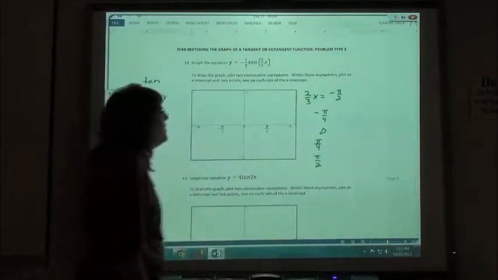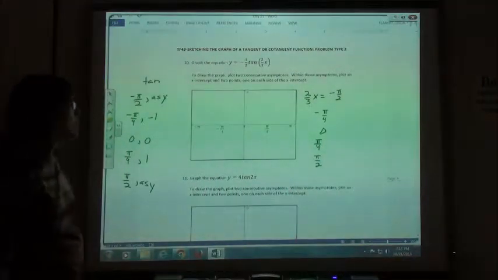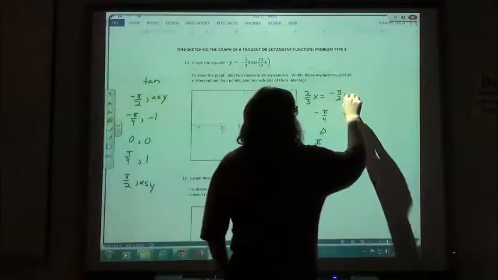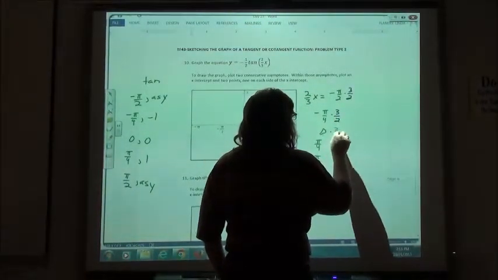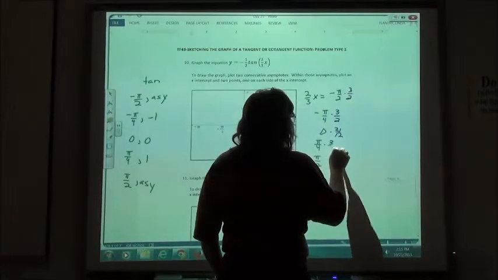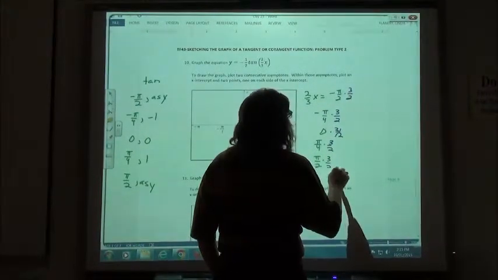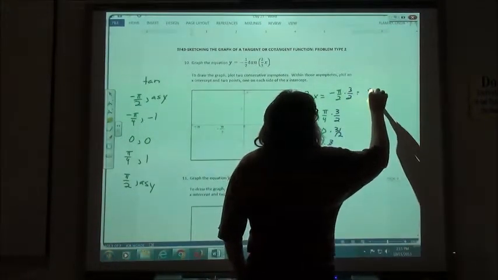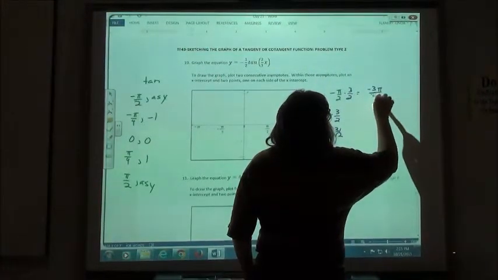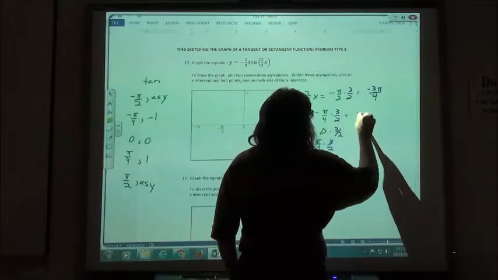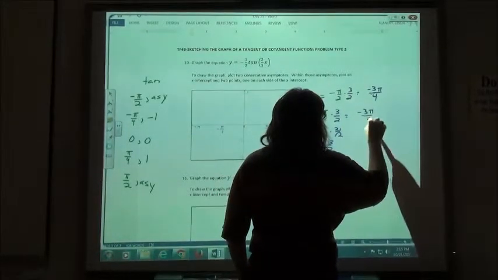So we would divide by 2/3, which is multiplying by 3/2. So I'm going to multiply each of these by 3/2. So this is going to give me -3pi/4. This is going to give me -3pi/8.